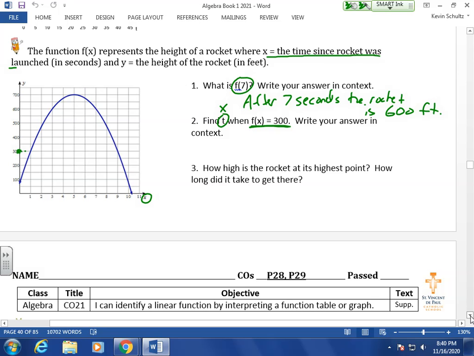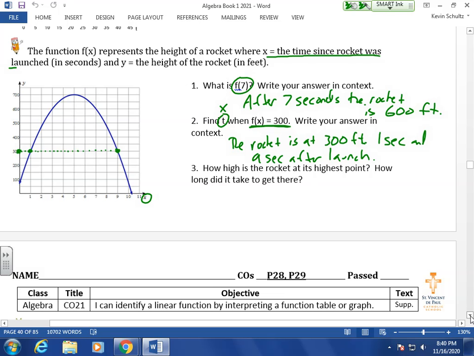Well, it's 300 feet after 1 second on its way up. It's also 300 feet after 9 seconds on its way back down. So the rocket is at 300 feet 1 second and 9 seconds after launch.